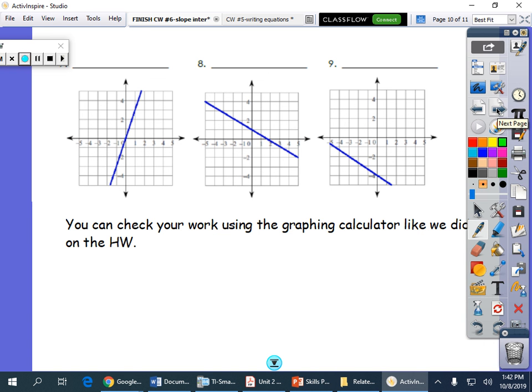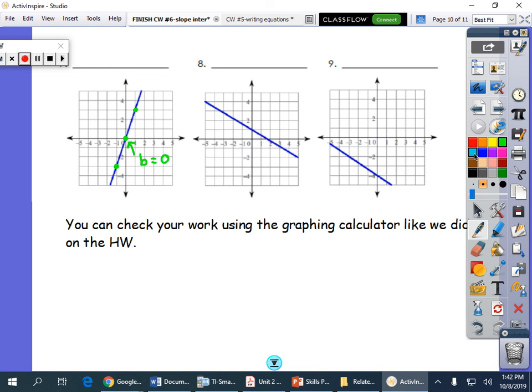Number 7, this also starts at the 0 here, and I need to look to see where the other points are that are perfectly in line. So I'm going to say this looks like 1, and this looks like 1 here. And notice I'm not choosing this point here because it's not really in the corner. So my origin again, or b, is my y-intercept.